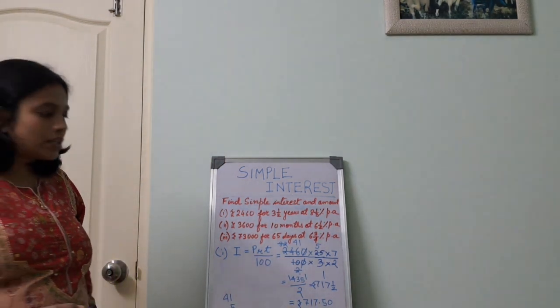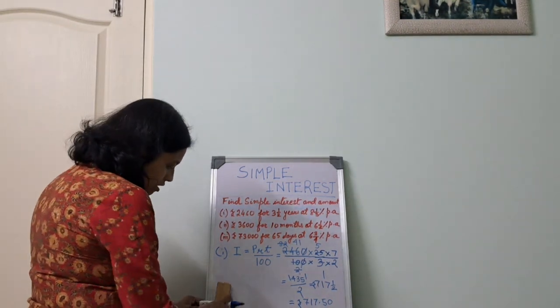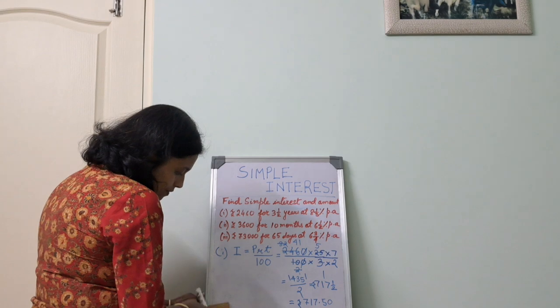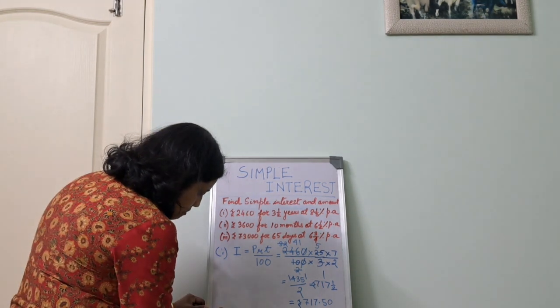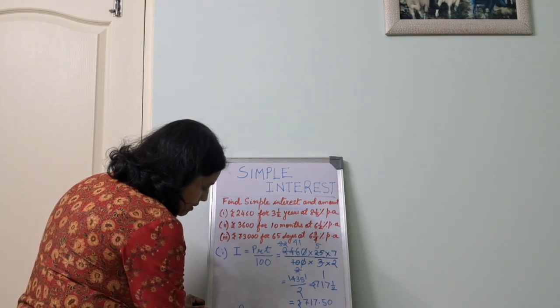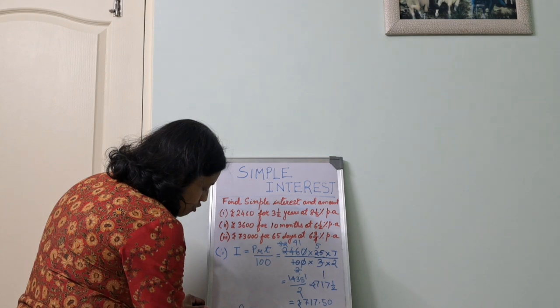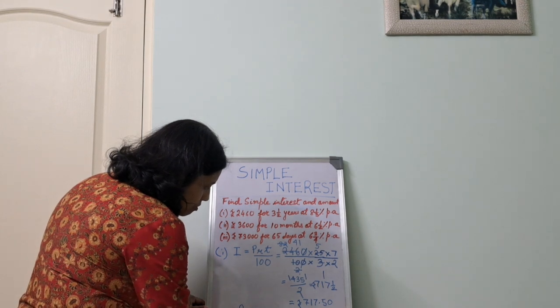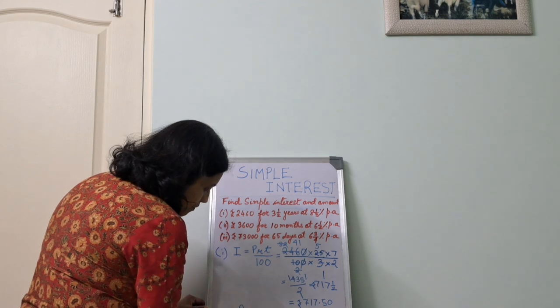Right? So once you know the interest, you can find the amount. I'll delete the rough work. So amount is equal to, we know P, we know I. So add them up. 2460 plus 717.50.